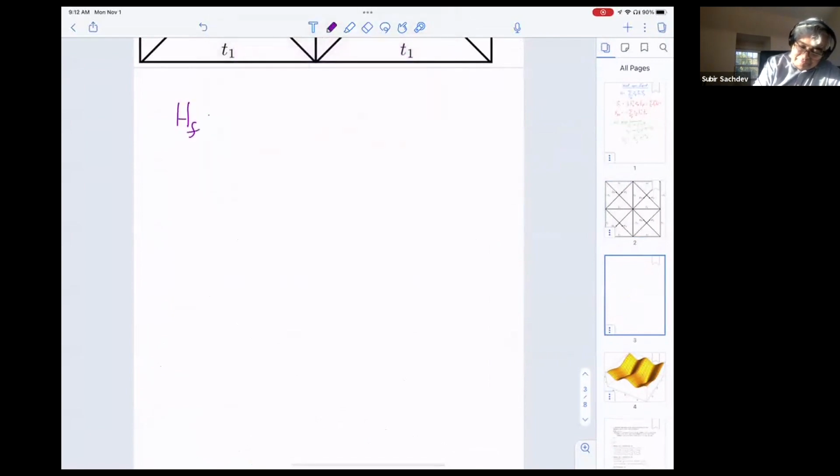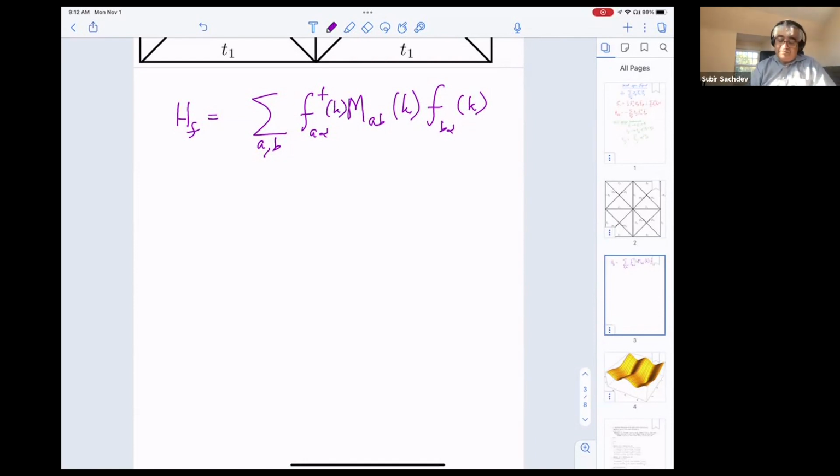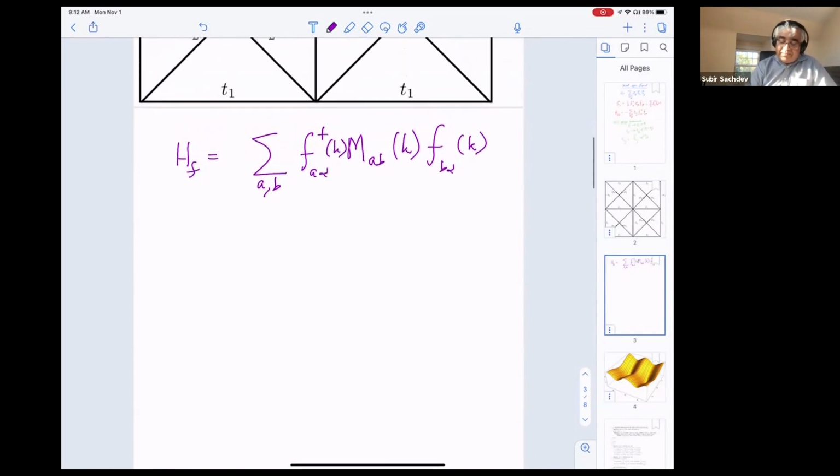So the Hamiltonian for the fermions has a sublattice index, f dagger_{A alpha} M_AB(k) f_{B alpha}(k). So the spin index is not going to play any role here. It's just going to go along for the ride. But there's a sublattice index, A and B.